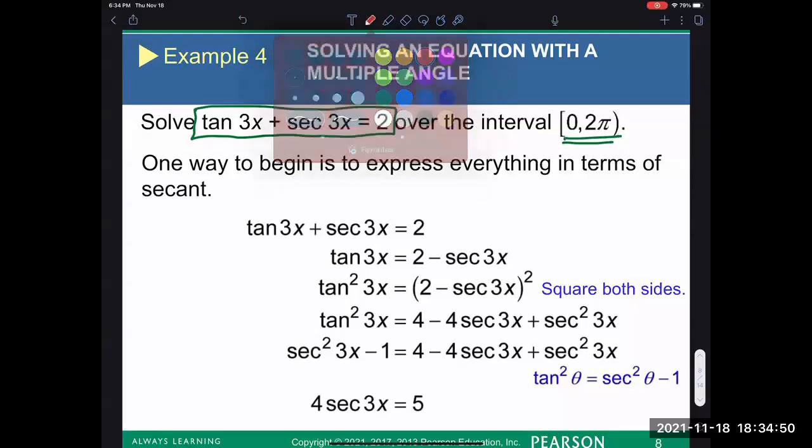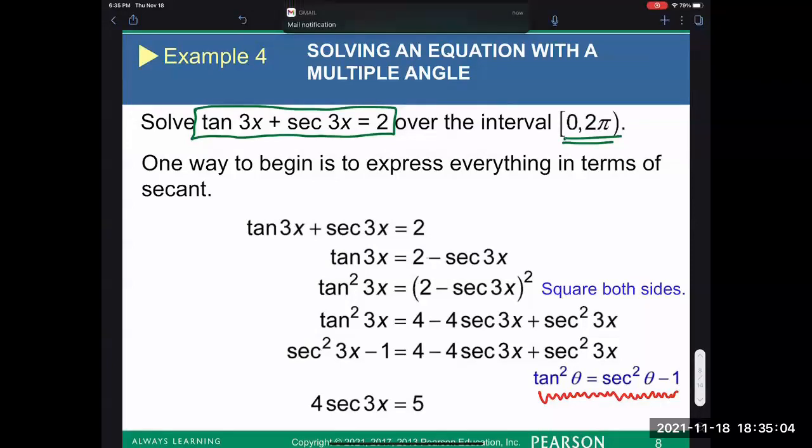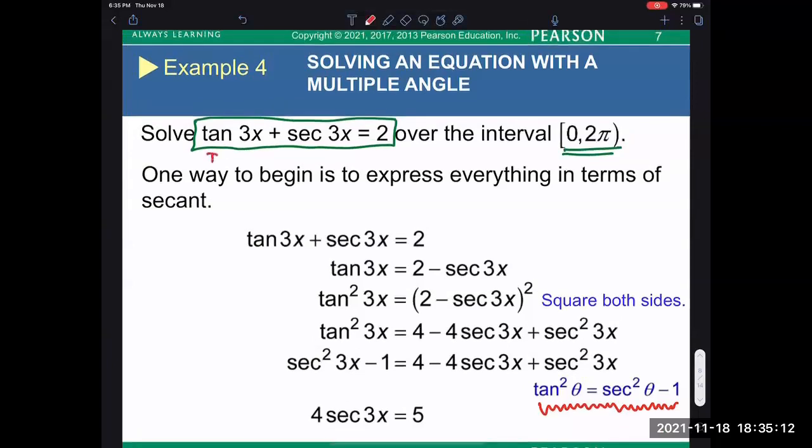So let me show you. Tan squared theta is equal to secant squared theta minus 1. Because they are anticipating using that, they're going to proceed the way they did. So you kind of have to understand where their motivation came from. Here's the idea, and that'll lead to what they do.